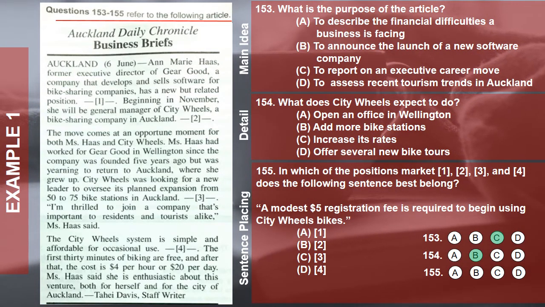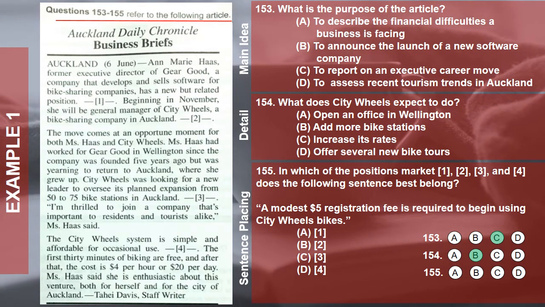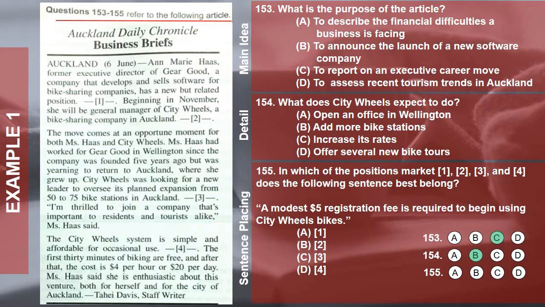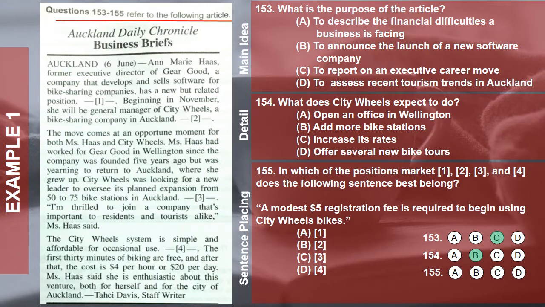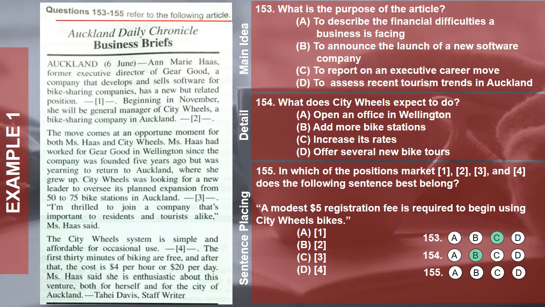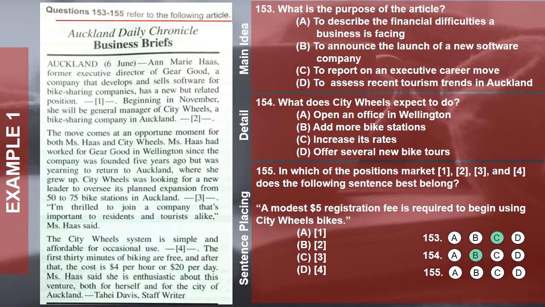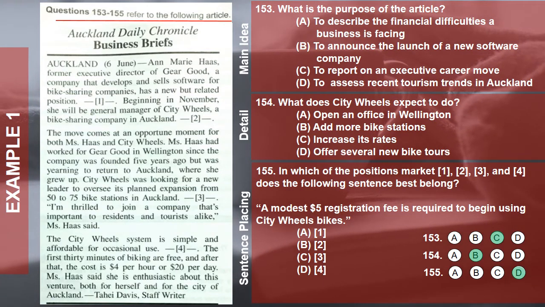City Wheels system is simple and affordable for occasional use. A modest $5 registration fee is required to begin using City Wheels. So for question 155, the correct place is 4. You have to put this statement in position 4.